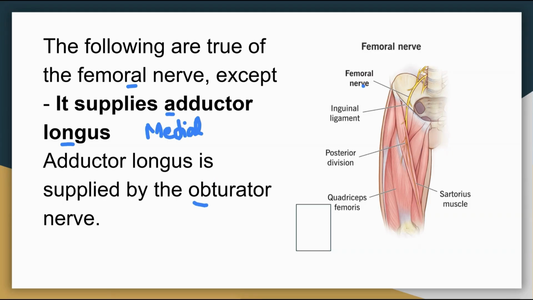So the femoral nerve, you discussed previously, is going to supply the pectineus, iliopsoas, quadriceps femoris, and sartorius muscle, and it is going to give various sensory branches as well. Whereas adductor longus, adductor brevis, adductor magnus, and gracilis, which are components of the medialmost compartment or the adductor compartment, are supplied by the obturator nerve.